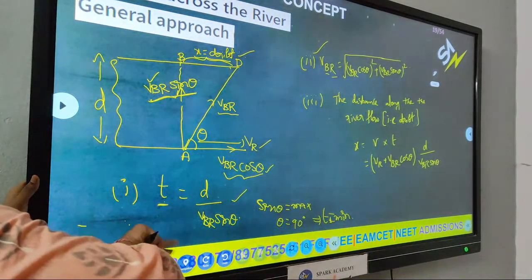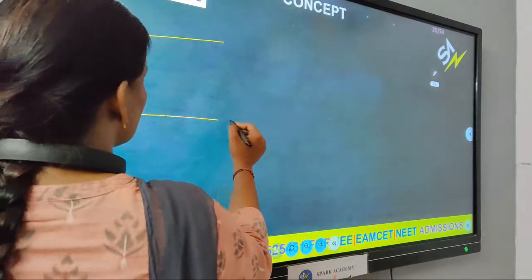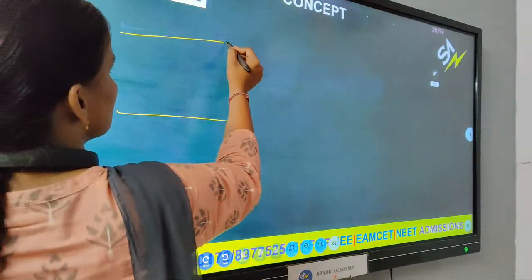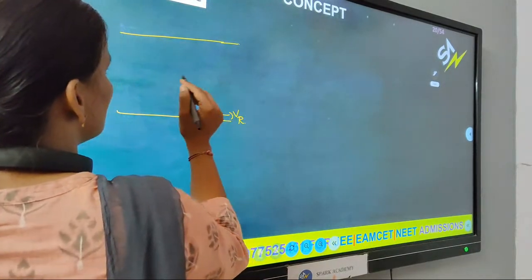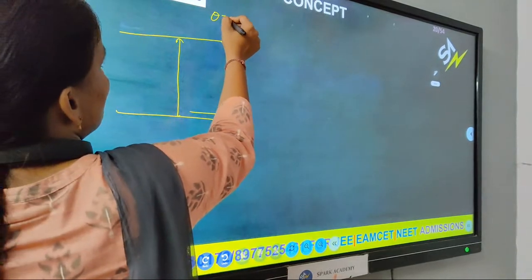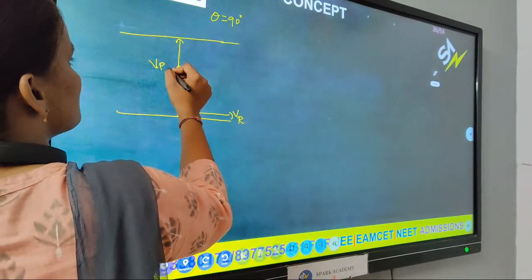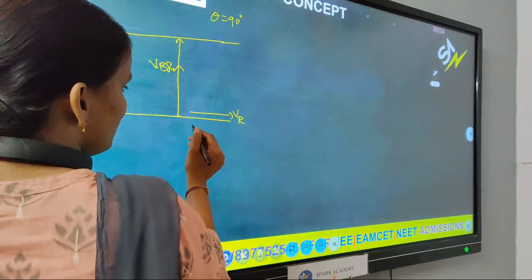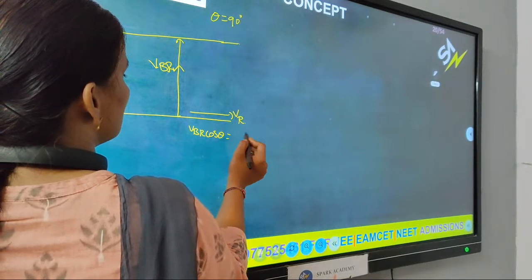Next we can write this situation with vector notations. In this direction there is a river flow. When we put theta equal to 90, VBR sin theta becomes VBR and VBR cos theta will be 0.